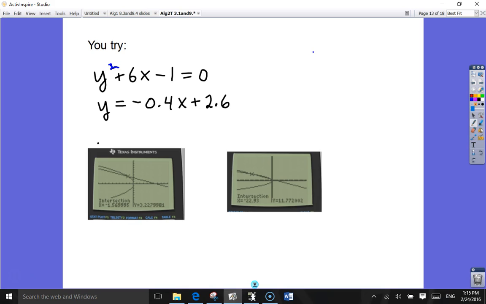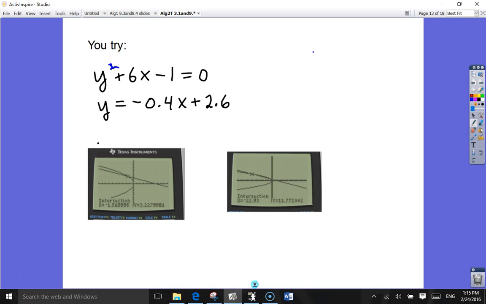Do that again. Second trace 5. Okay, you're not on a graph. Where am I? I don't know, but you're not on a graph. So since the graphs are over there, you need to go left arrow. Okay, now it's on a graph because you got x and y coordinates. Now you got the negative square root. You don't want that.